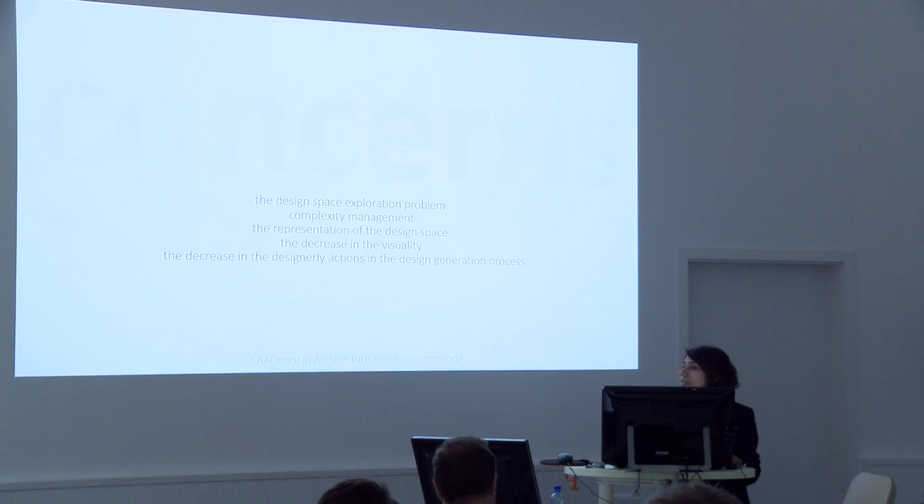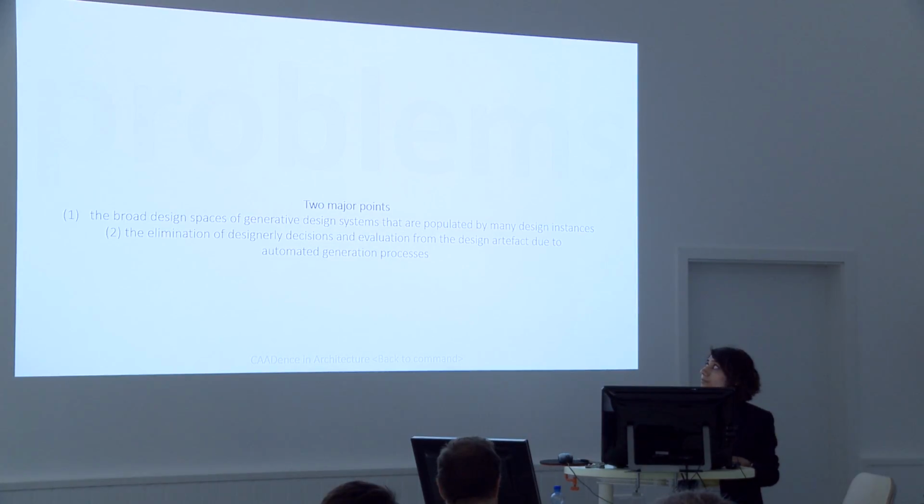Due to this decrease in visuality, we see a decrease in designer actions in design processes, because visuality is important. As we know, visual representations, especially analog representations, are the main medium for designers to interact with the design solution, the design problem, and also the design process. So visuality as a keyword is much more prominent within the scope of this paper.